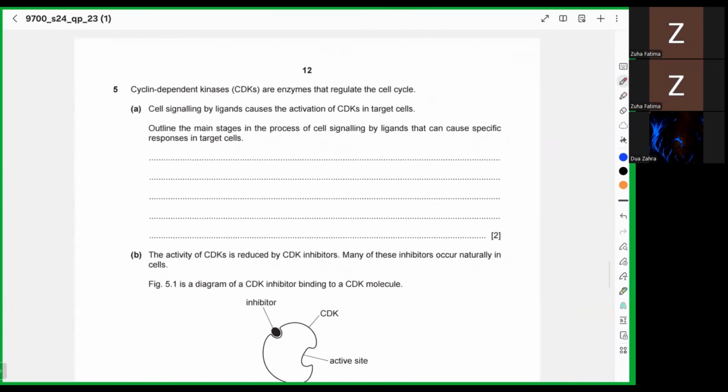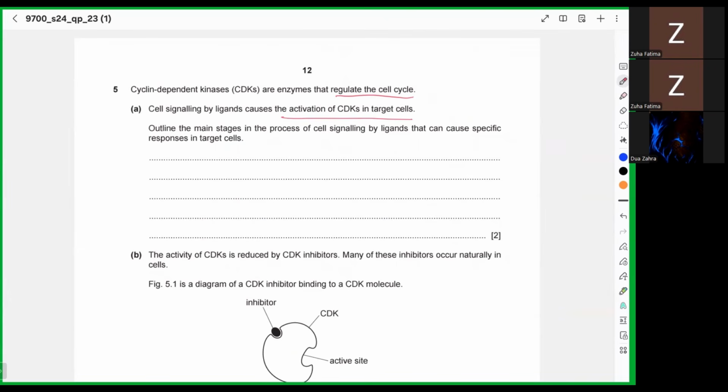Next question. Cyclin dependent kinases are enzymes that regulate the cell cycle. Cell signaling by ligands causes the activation of CDKs in target cells. So these enzymes are basically activated as a response of a cell signaling molecule known as ligands.